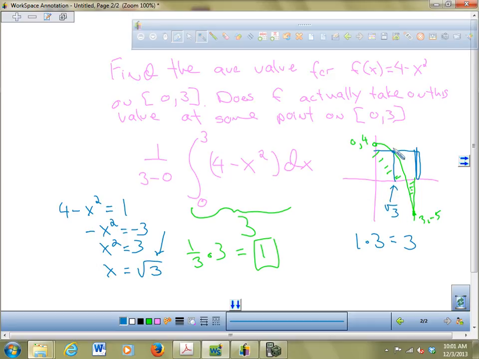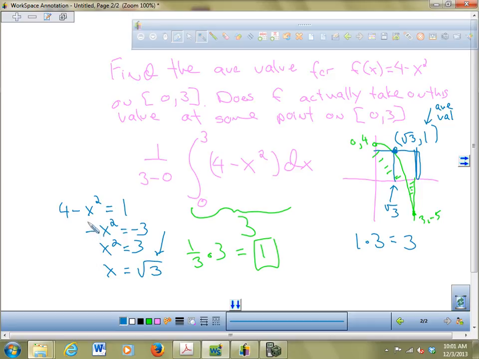The average value is 1, so it's the y value. At the point (square root of 3, 1), 1 is the average value. Not the x value, but the y value. Got that? Okay. Good. We're done with average value, I think.